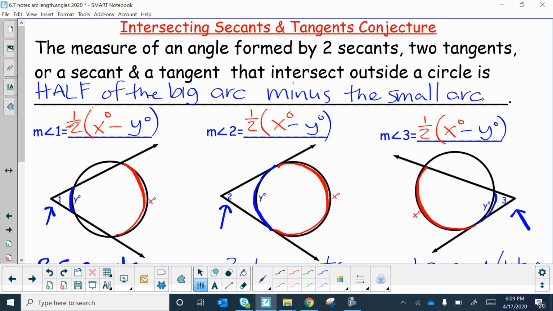Okay, now these are the intercepted arcs, that is. So it's the big intercepted arc, and we just don't have a lot of room on here, minus the small intercepted arc. So just keep in mind that they've got to be the intercepted arcs.